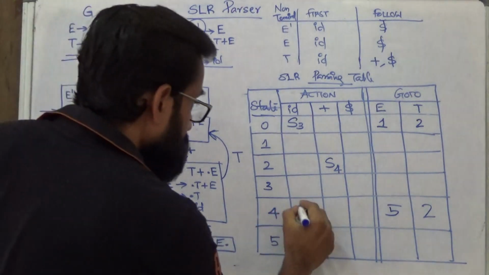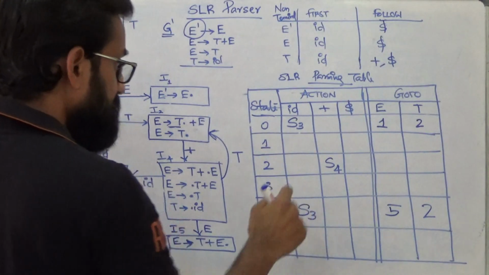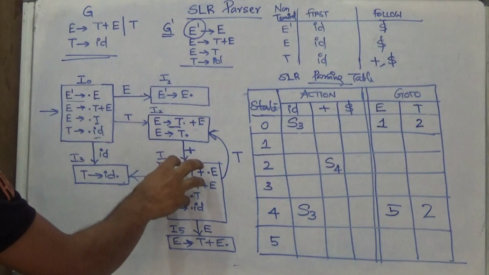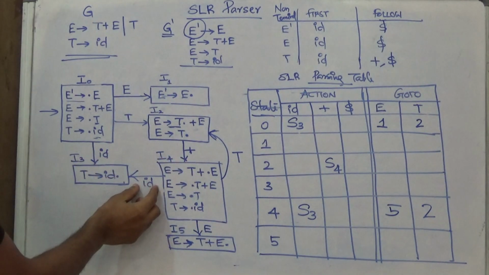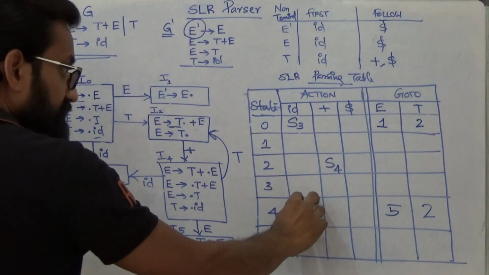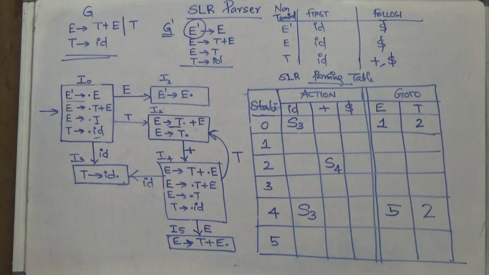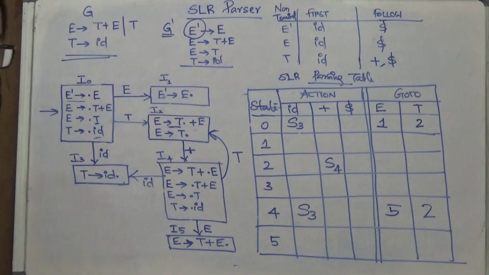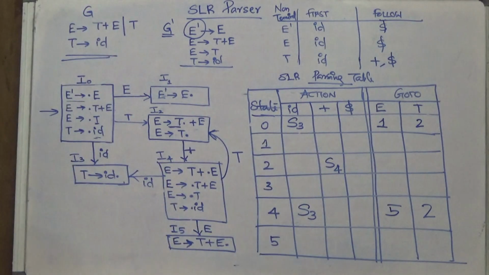That represents a shift operation of ID into stack followed by shifting state 3 into stack. So since we are going to move from 4 to state 3 for ID transition, this entry will be S3. So 3 is the target state. Now we can process fifth state. It's not having any outgoing transition. So we have completed creating entry corresponding to shift operation.